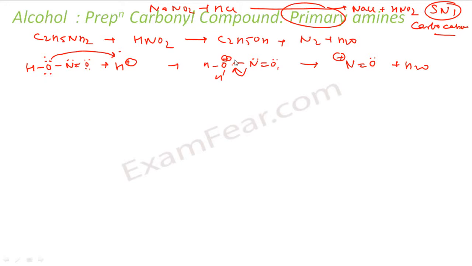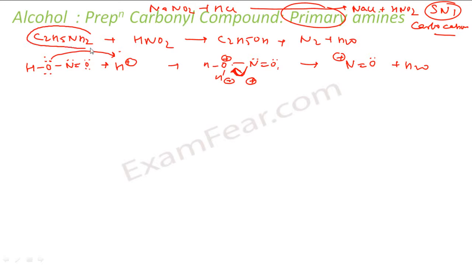H2O plus is a good leaving group. It leaves. The electrons move from here, this bond breaks, electrons move in this direction. Negative charge here and positive charge here, negative and positive combine, neutral. This positive is left on nitrogen. This is how you break the bond. You get NO plus, so now you have NO plus and water.